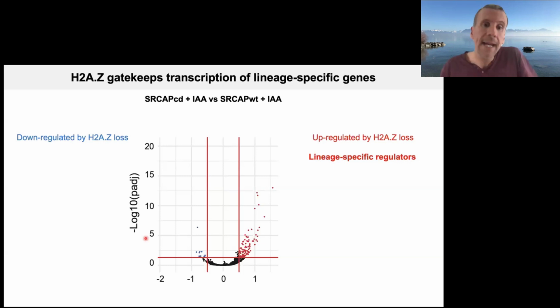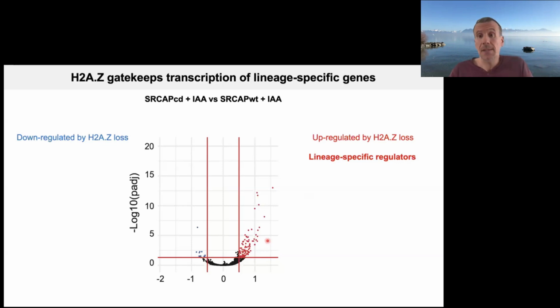Here we're looking at, again, an analysis of intronic reads in nuclear RNA-seq. And what you now see, as compared to the first plot I showed you, is that instead of having both down and upregulated genes, we have mostly upregulated genes in this case. And these genes are by and large the same that we saw when we degraded SRCAP in the original experiments.